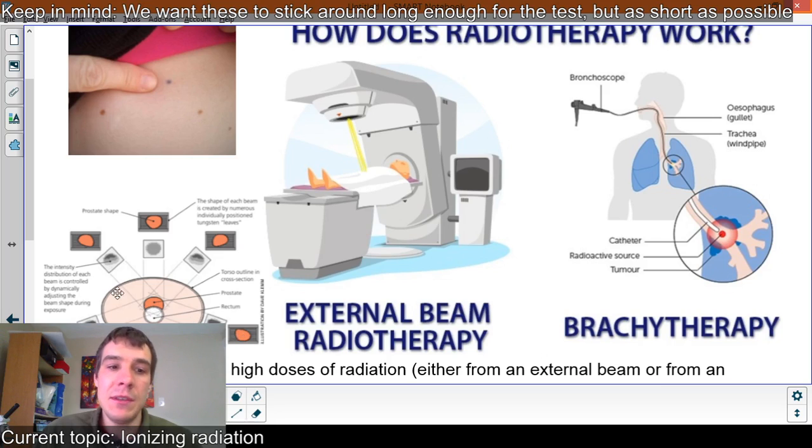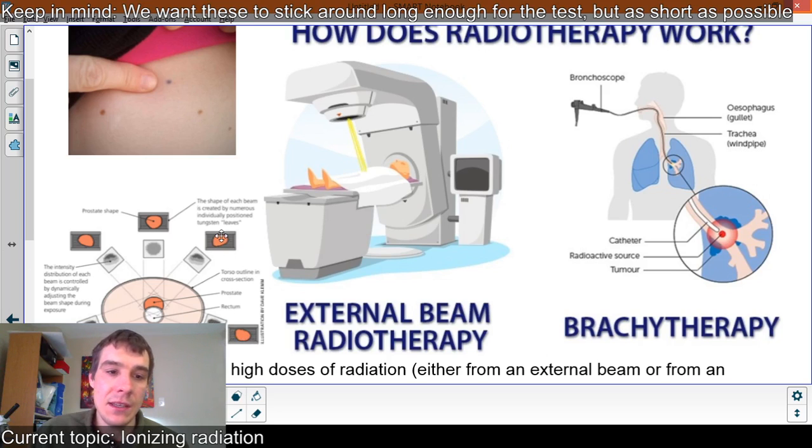Their body will absorb the radiation, and because it's ionizing radiation, it'll break chemical bonds and cause cell damage. But they're clever. One shot through the body won't do a lot of damage to any of the cells in there, so they rotate the beam.